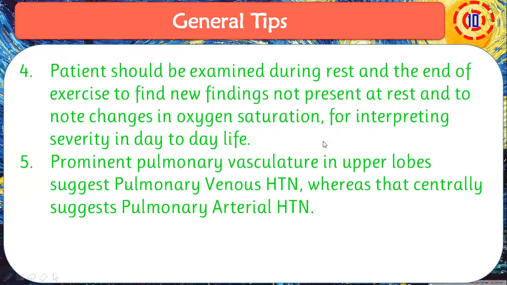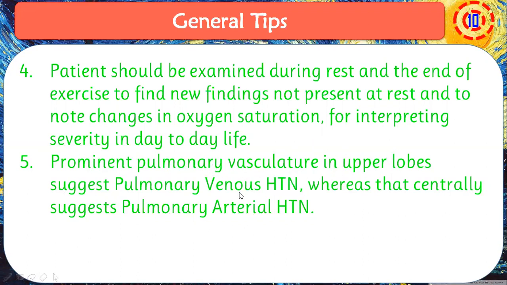And the next thing is that pulmonary vasculature, if prominent in the upper lobes on chest X-ray, will suggest pulmonary venous hypertension, whereas if prominent centrally, it will suggest pulmonary arterial hypertension. This is an important one, because if the upper lobes have prominent pulmonary vasculature, that suggests pulmonary venous hypertension.